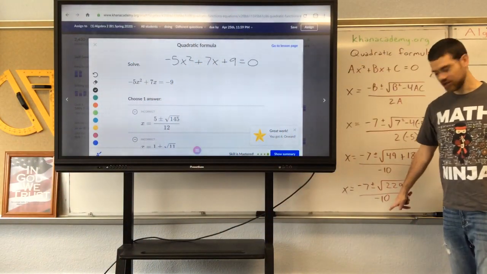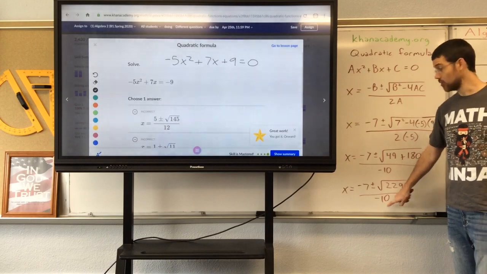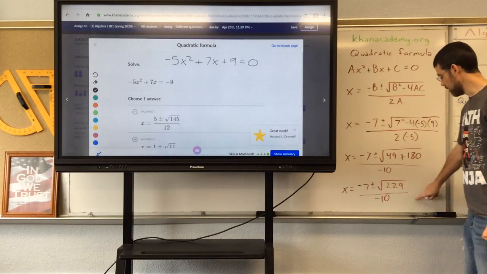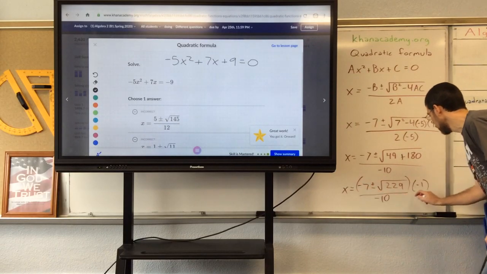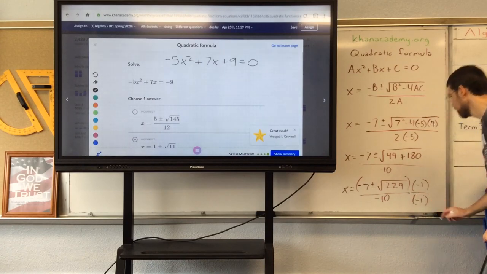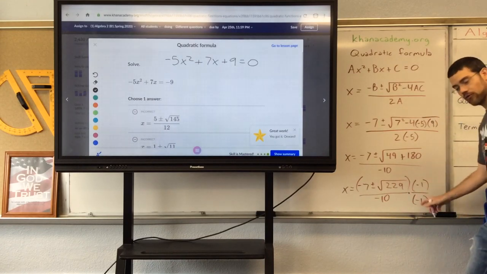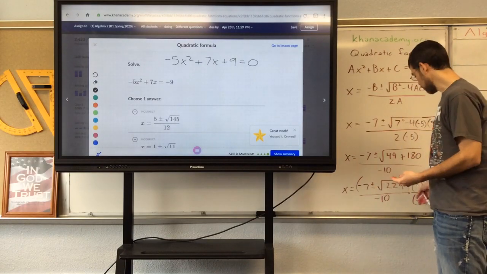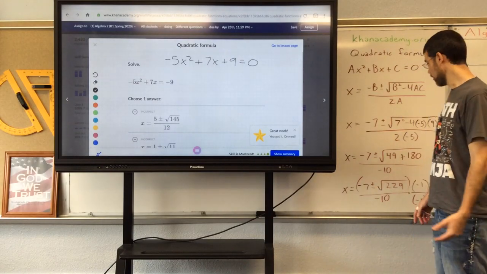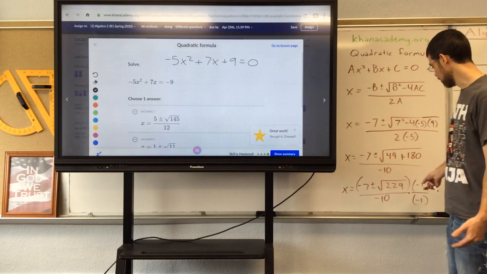I don't like fractions to have negatives in the denominator, so if we multiply this fraction times negative 1 divided by negative 1, negative 1 divided by negative 1 is 1, and so if I multiply by that, I'm not changing the number, I'm just changing some signs. So let's see what happens.